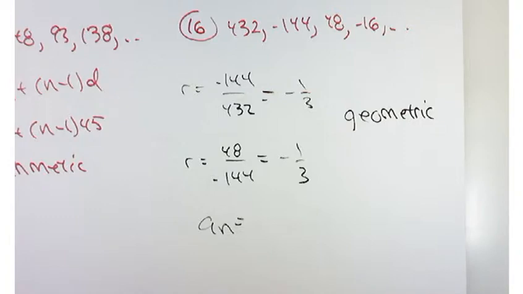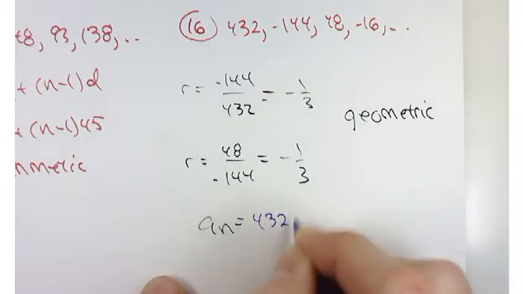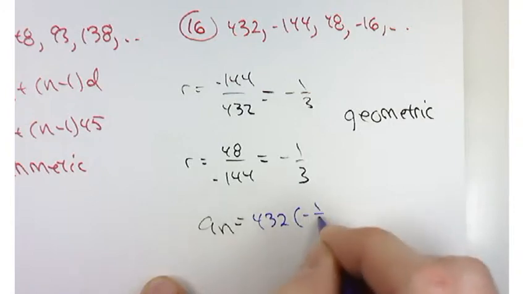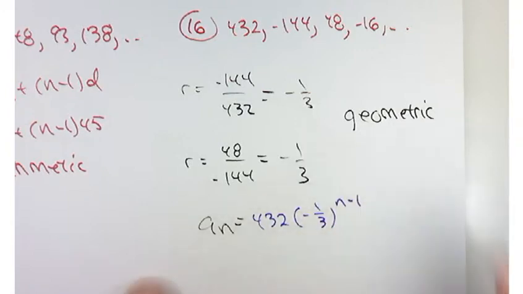And the question is, what's a sub n? All right, 432 times -1/3 raised to the n minus 1 power. Nice.